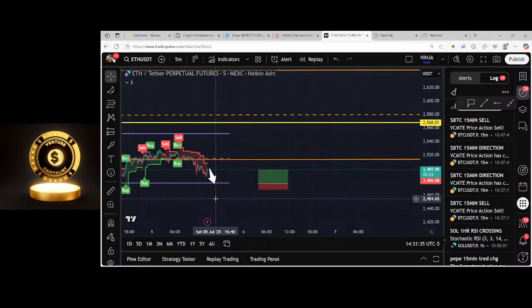So you couldn't really use a 40x leverage here if that's what you normally use. A formula for Ethereum is normally you want to be using 40 to 60x leverage. At this position you couldn't use 40x leverage, because if it did retest, you would be stopped out.